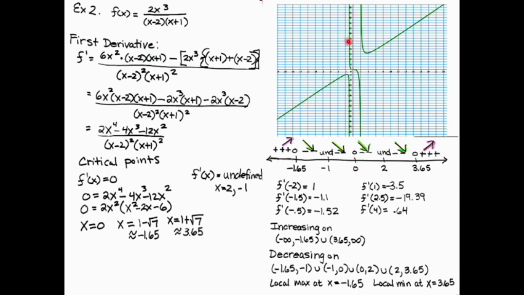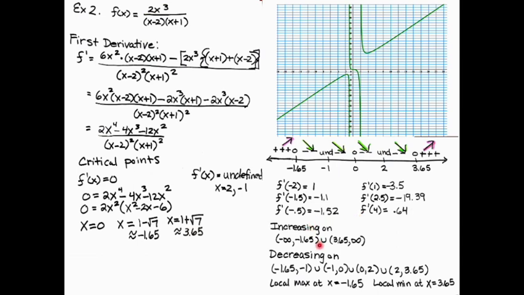So as I follow this and I hit x equal to 0, it just flattens out and then keeps going. Now looking at this point here at 3.65, I know by looking at the graph that that's a local minimum, and I know by looking at my sign chart that that's a local minimum, because on the left side it's decreasing and on the right side it's increasing.